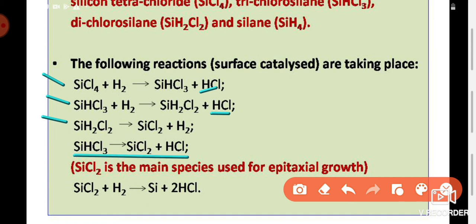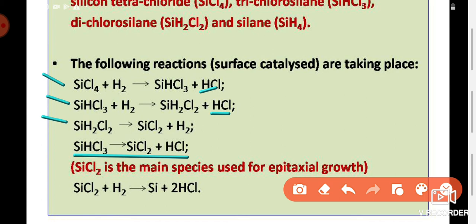So you have to remember these equations, though these are the simpler equations, because the practical process is much more complicated than this. A number of chemical reactions take place and finally we get SiCl2. And silicon dichloride is the main species used for epitaxial growth. You have to remember this point.